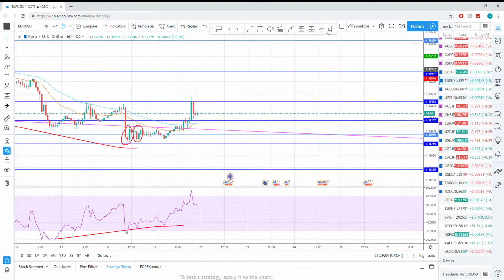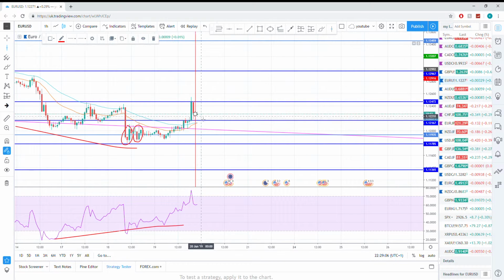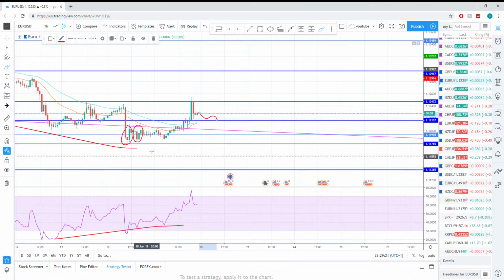The best ideal scenario is to wait for price to come back down here and get some rejection. The double retest won't be as strong because the reversals are not the same as the RSI divergence.